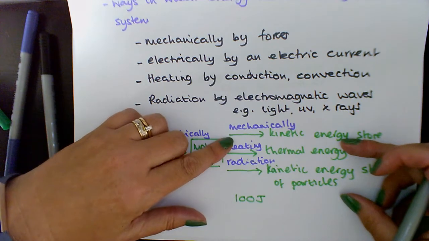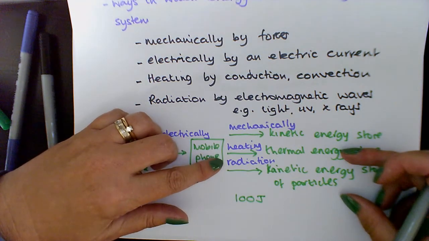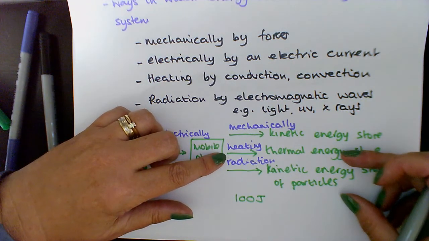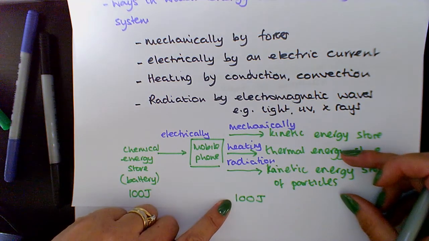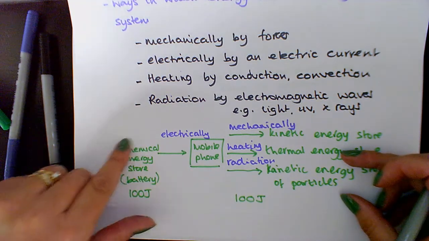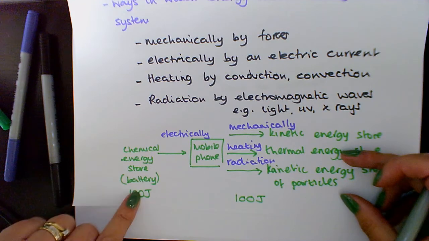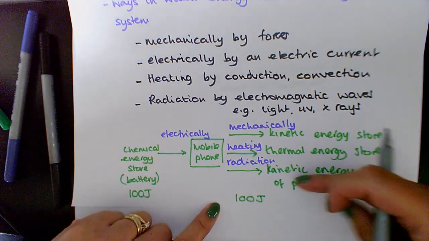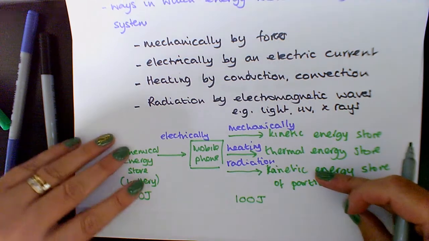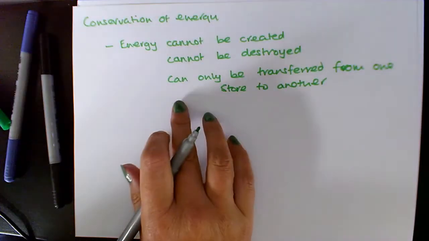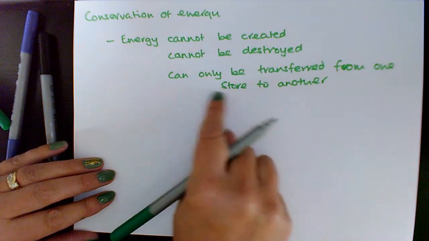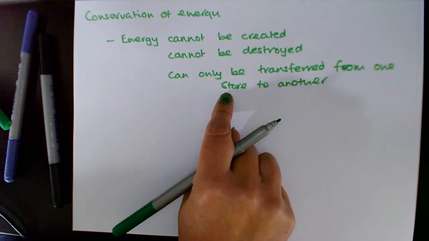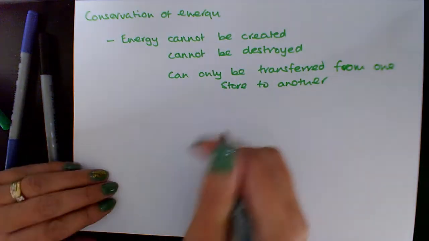My phone doesn't vibrate for very long, my phone doesn't get hot for a huge amount of time, okay, and that's why it might take several days for this energy transfer to go, but eventually we will find that the chemical energy store of our battery runs down to zero because all of that energy has been transferred. So this is our conservation of energy. Energy can't be created, can't be destroyed, it can only be transferred from one form to another.